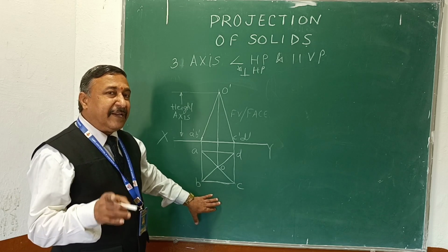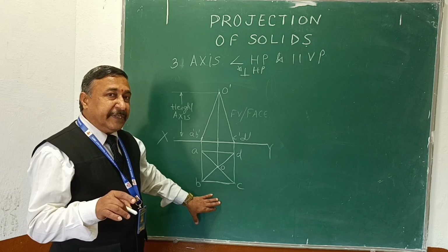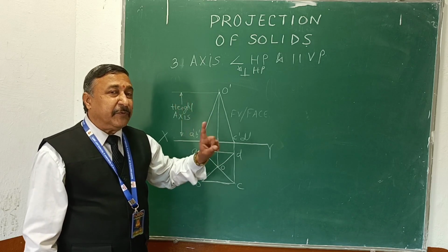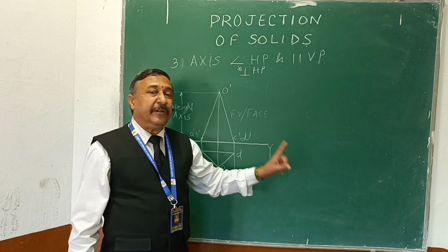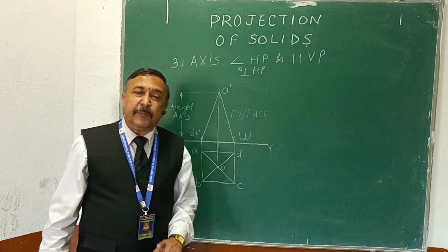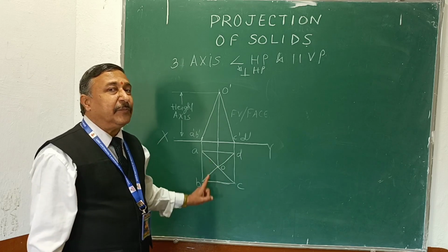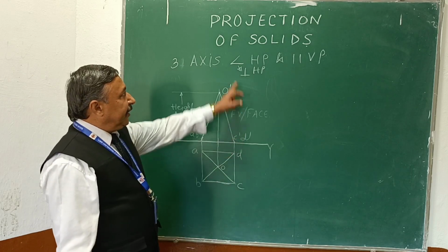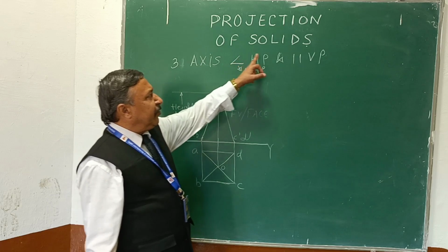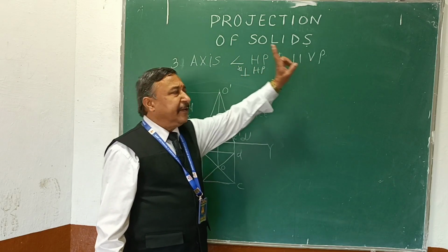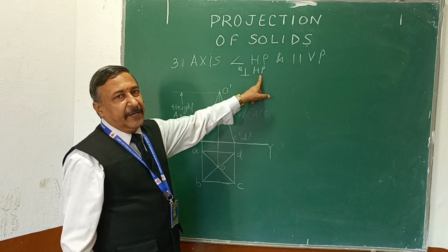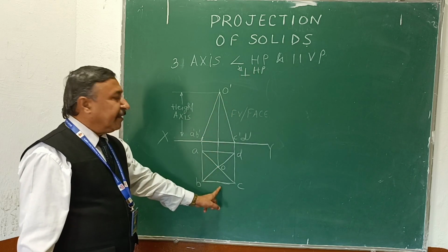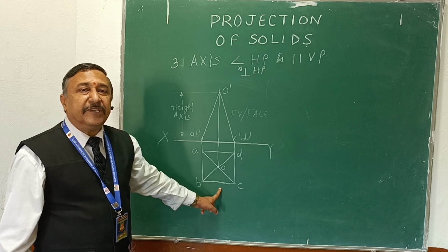If you remember, last time I told you that these are two basic positions, perpendicular to HP and perpendicular to VP. And every problem should start from this position. So if our axis is inclined to HP and parallel to VP, first we assume that it is perpendicular to HP and we draw the perpendicular to HP position.